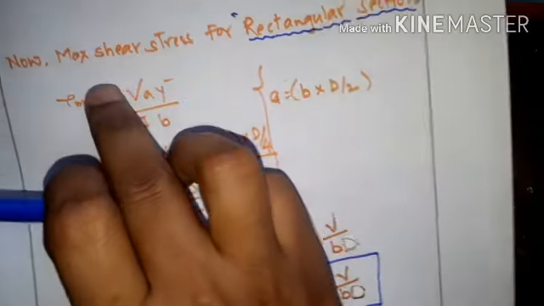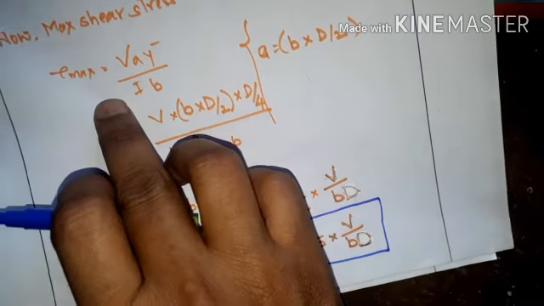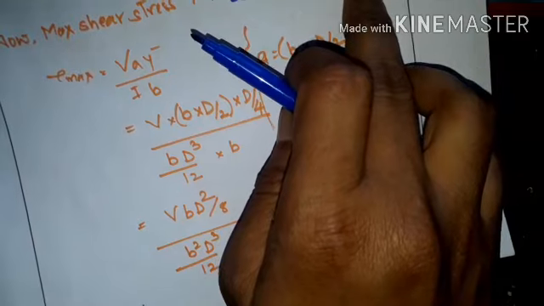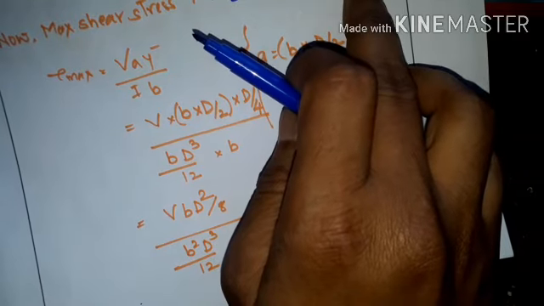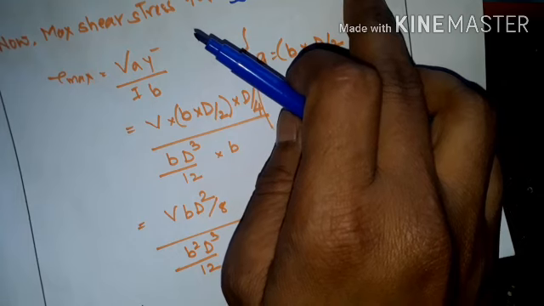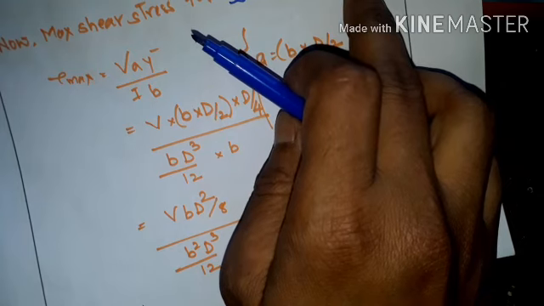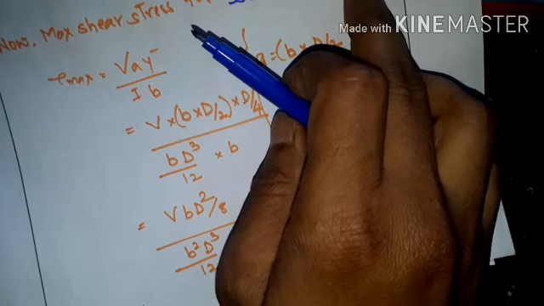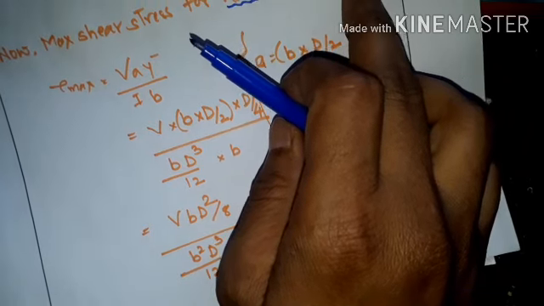So if you are using a rectangular section, we have the value of the maximum shear stress directly. If it is an I section, we have to calculate separately, but for a rectangular section we have this standard equation, so you can directly utilize it in the solution of problems. But if you get an I section or T section, you have to calculate separately.